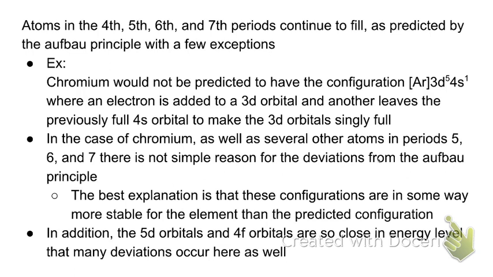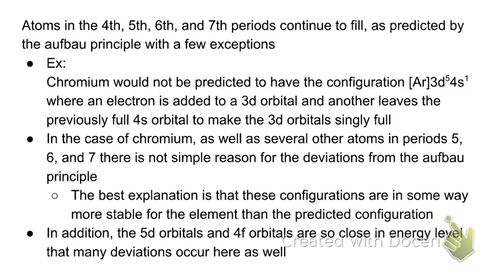In addition, the 5d orbitals and 4f orbitals are so close in energy level that sometimes we see deviations there as well. I am not going to expect you to have memorized these deviations, and I promise not to give you problems on the tests or on your homework where you need to know these deviations. I just want you to be aware that as simple as we try to make things in chemistry, sometimes things don't always follow our predicted rules because sometimes nature has a way of making things difficult for us.